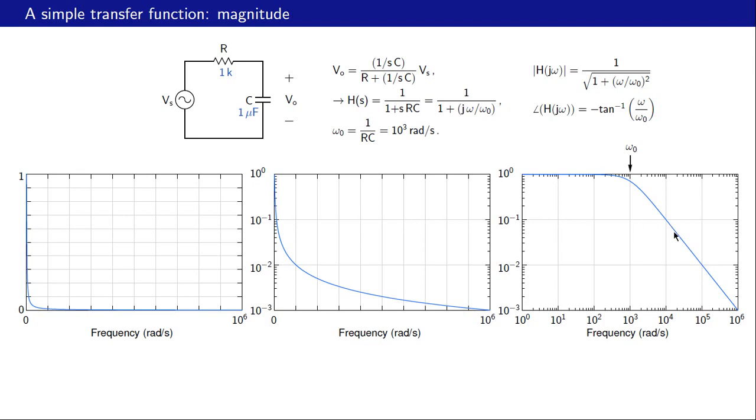It has now gone down to 10 raised to minus 2. So we have increased the frequency by a factor of 10 and mod of h has decreased by the same factor, 10 raised to minus 1 to 10 raised to minus 2. So therefore we can conclude that mod of h is varying as 1 over omega in this region here. So this log plot is very useful and is indeed very commonly used in practice.